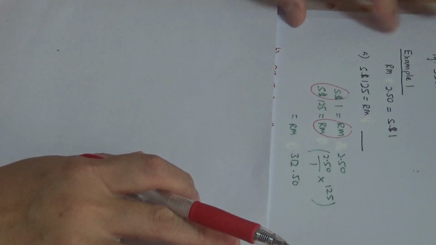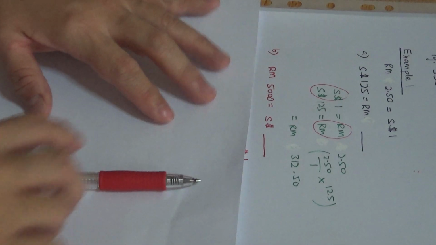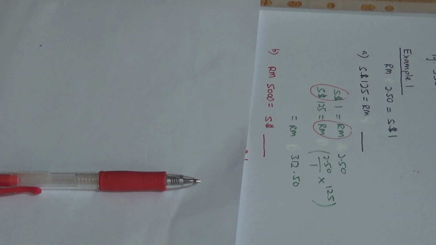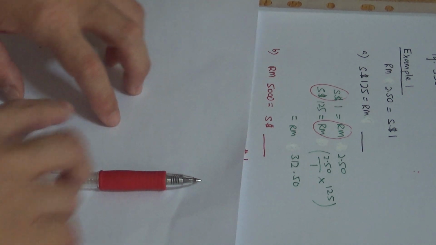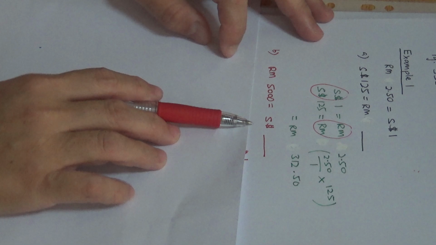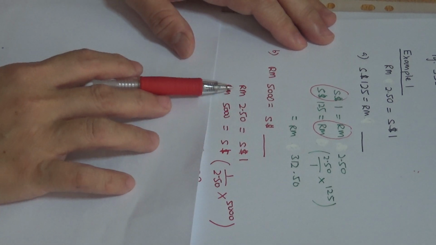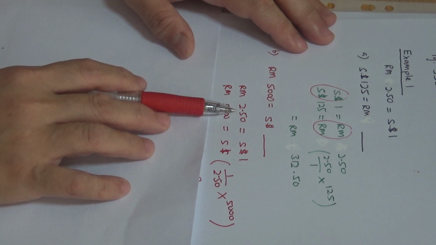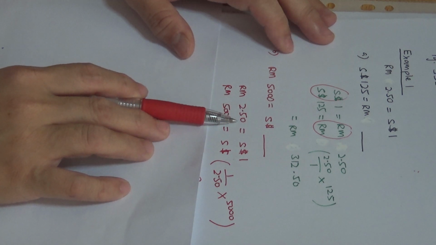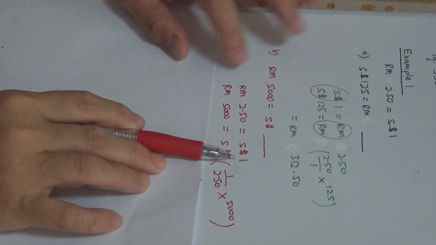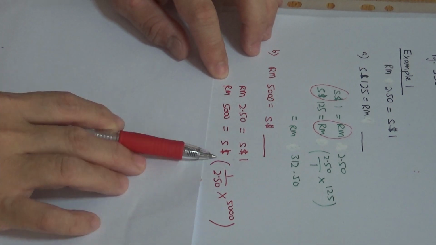Now let's take a look at part B. Part B says Malaysian ringgit 5,000 to Singapore dollars is how much? Now if this is the case, I have to put Malaysian ringgit here 2.50, and Singapore dollar over here. Malaysian ringgit 5,000 changed to what?